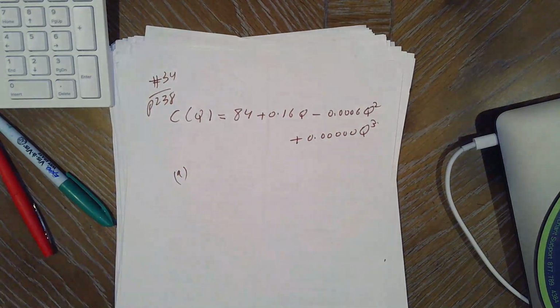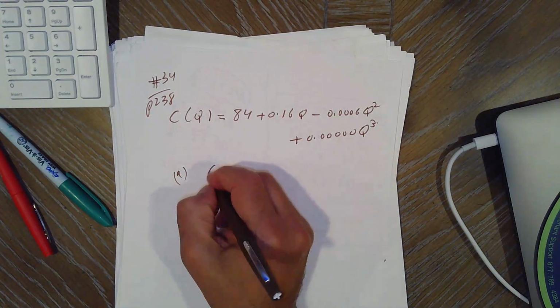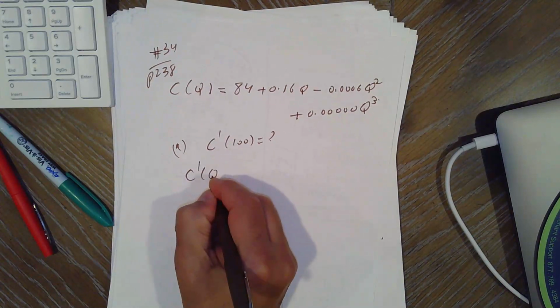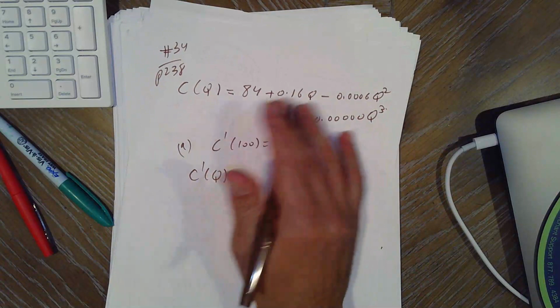Part A, find and interpret C prime of 100. To do C prime of 100, we want to do C prime at any Q first, the derivative. We don't have to do the limit. We have the formulas.